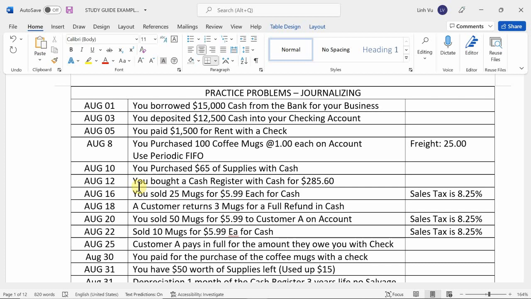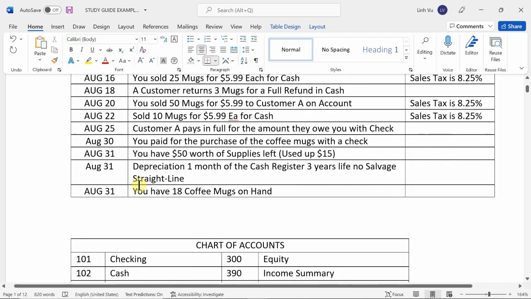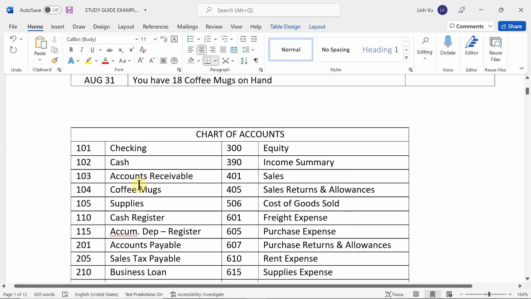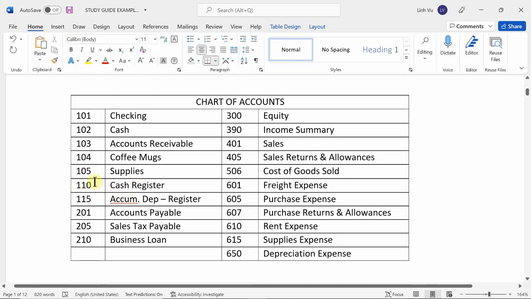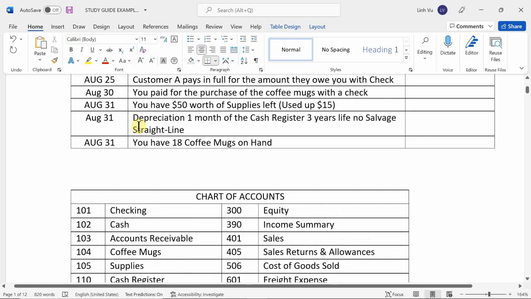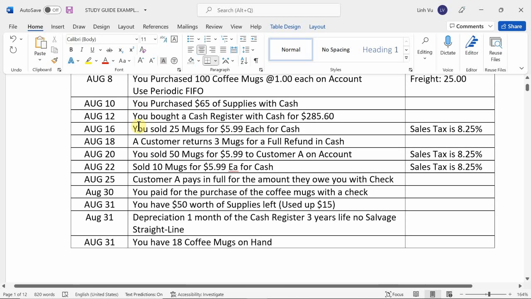So in this case, you bought a cash register with cash for $285.60. So let's take a look. Do I have anything that is a cash register? We do, right? Account number 110. And I spent cash to buy it, okay, for $285.60.